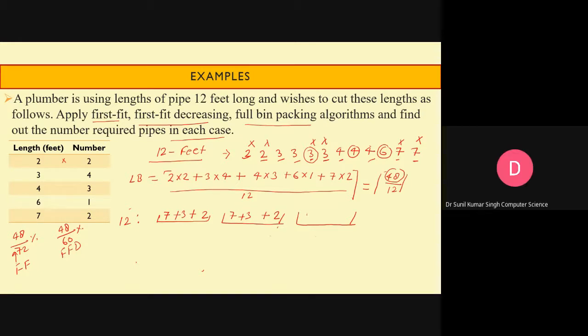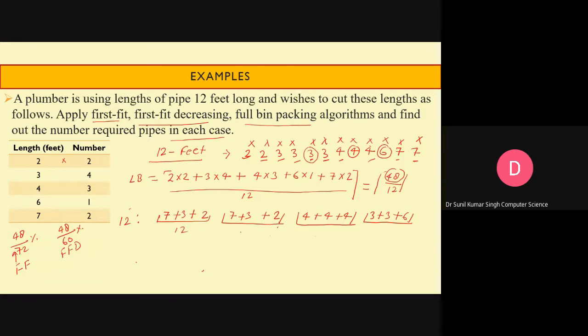Any choice you can take: maybe 4 plus 4 plus 4, and then 3 plus 3 plus 6. So all the items we can accommodate like this.